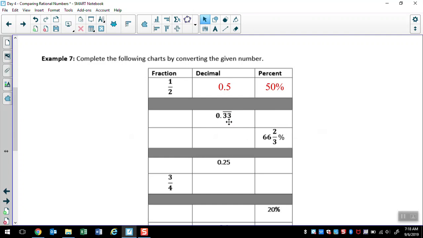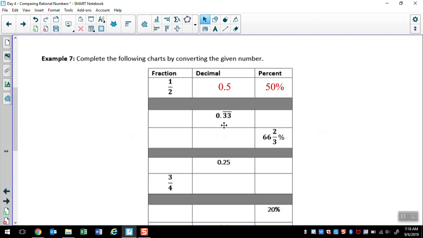All right, now let's take a look at when we have repeating decimals like this. They're a little harder to convert. Actually, it doesn't really matter which one we do first. I'm going to do the fraction first. That second 3 is in the hundredths place. Normally if we didn't have that bar over it, we'd say 33 over 100. But because it's repeating, we take it down a number.